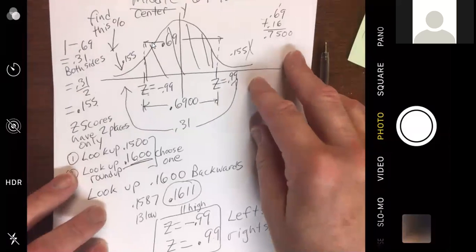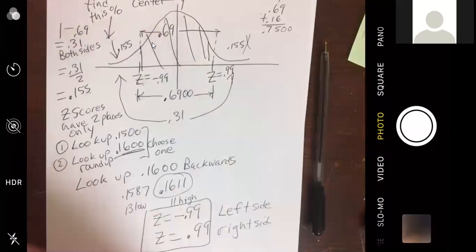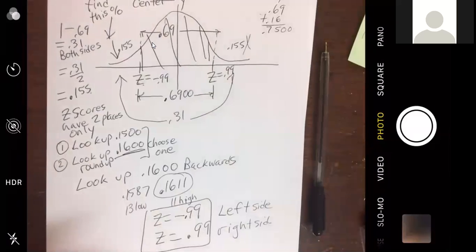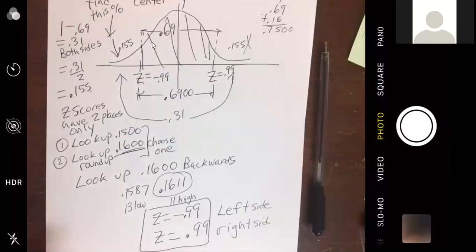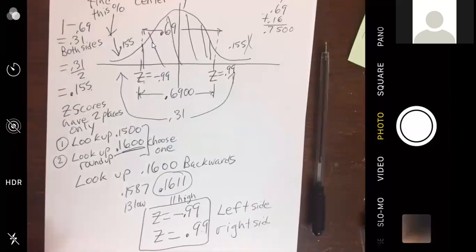What else can I show you? Can I show you anything else?